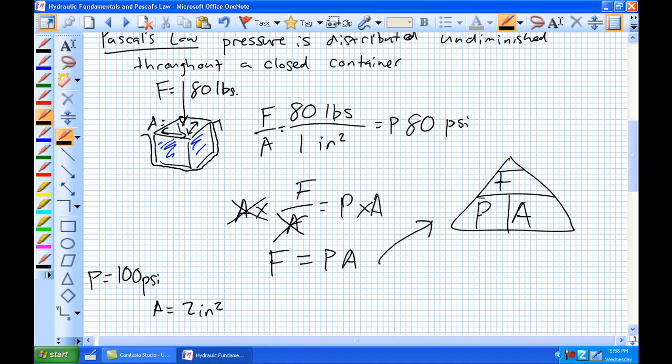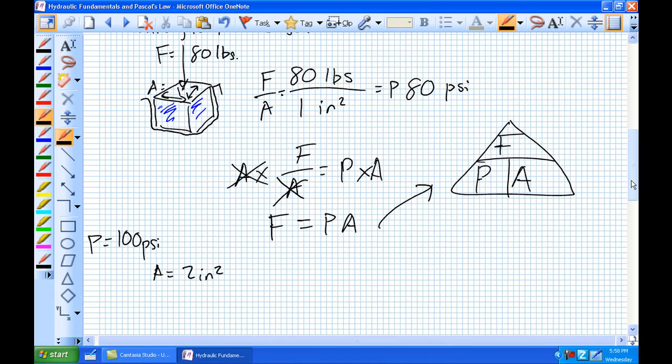What is my force? So I've got P, got A, multiply them together, 100 psi, so times 2 inches squared should give me 200 pounds.